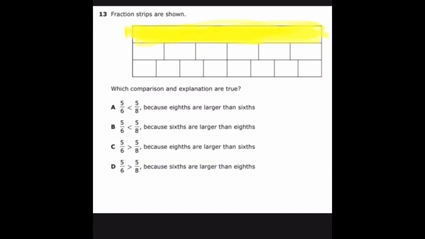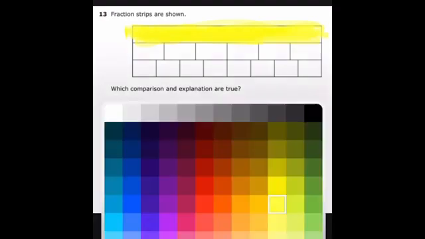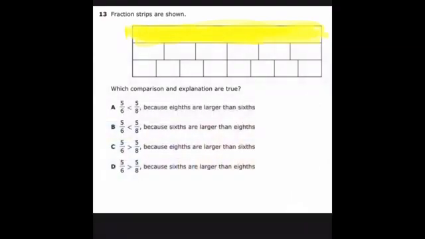Now, what I'm going to do is first fill in my model, because I can see that every problem has 5/6 and 5/8. So I can just go ahead and take care of that now. Then when it's time to solve the problem, all I need to do is refer back to what I have. I'm going to change the color. Since the first one is 6, I'm going to shade 5 to represent 5/6.